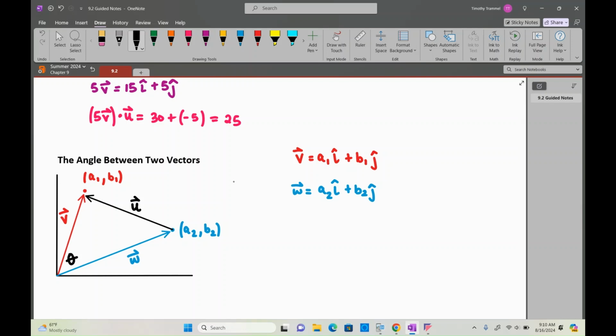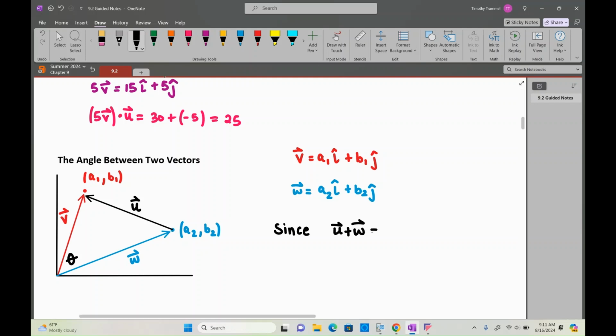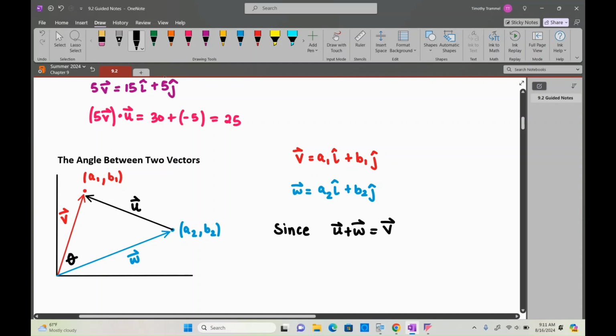We can say that w plus u is equal to v. So let's write that down here now. Since u plus w is equal to v, that's what we can see in the picture.